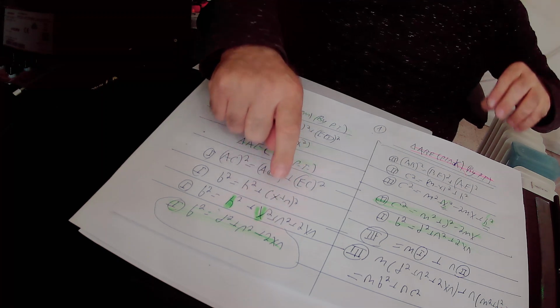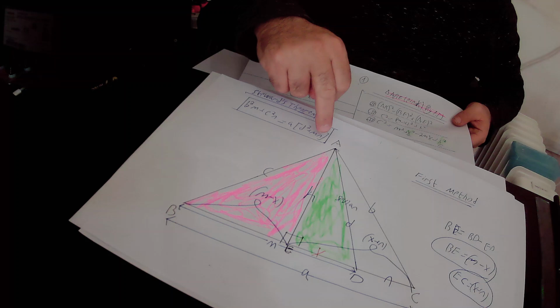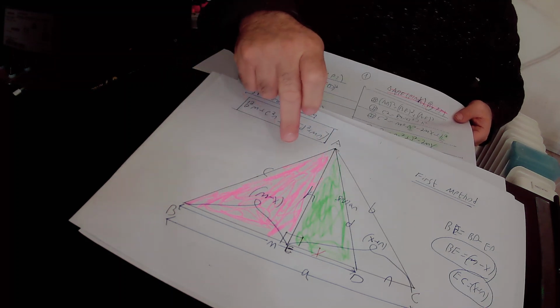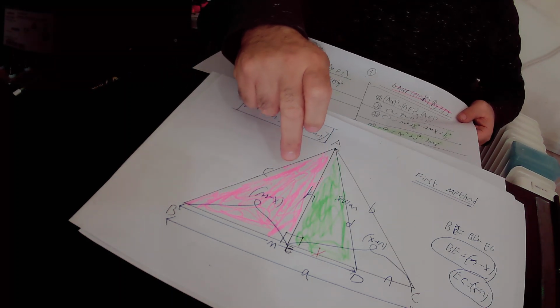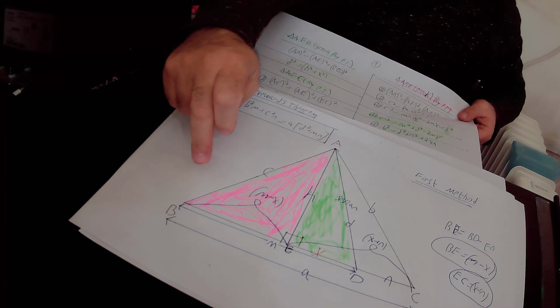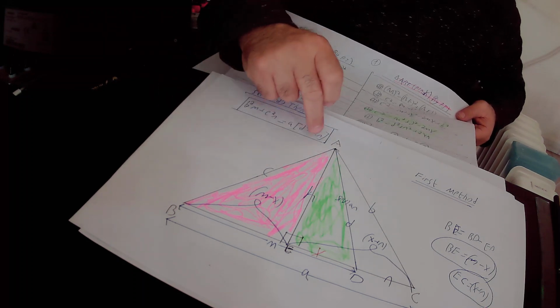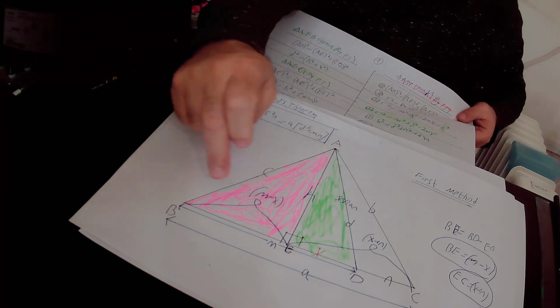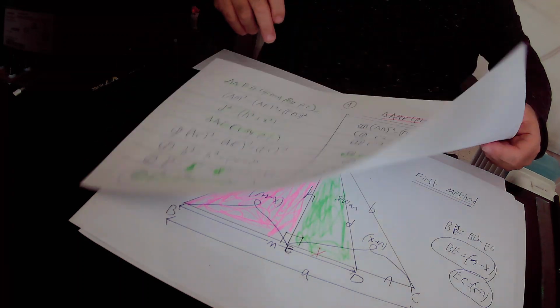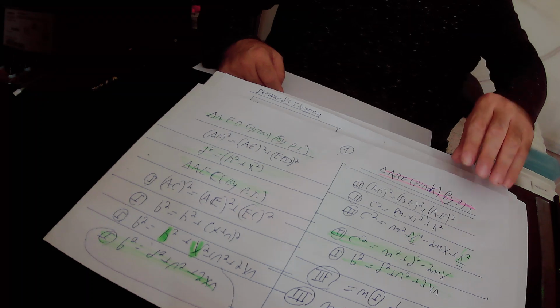Then we focused on the pink triangle, triangle AEB, and we implemented the Pythagoras theorem on it. According to the Pythagoras theorem, in the pink triangle AEB, AB square equals BE square plus AE square.